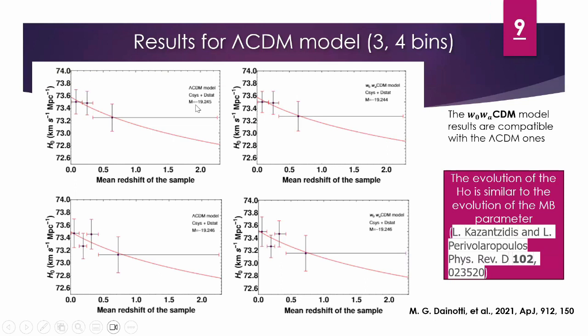But if I see this, my interpretation is that when you are reducing the low-z part of your sample, your result on H0 changes, and in fact you just don't know how to really measure H0.